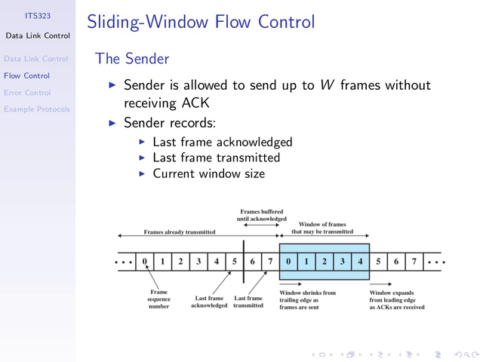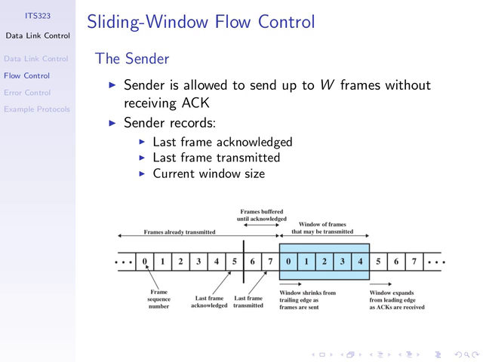In the diagram, it's these frames to the left of this vertical bar. Of course, the sender in software doesn't have this graphical picture, it just keeps a number of variables, like the number of the frame or the last frame acknowledged, number 5. And because the numbers of frames go in order, sequence numbers, if frame 5 has been acknowledged, that implies frame 4 has been acknowledged as well.